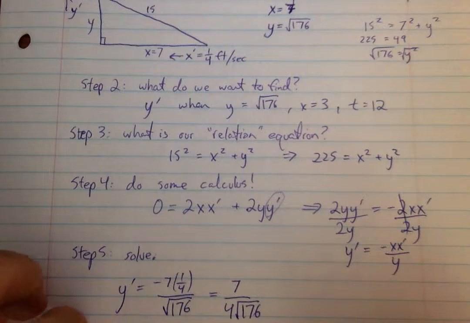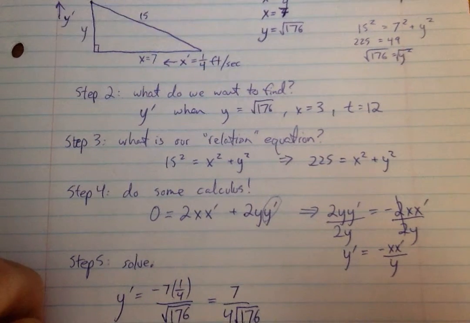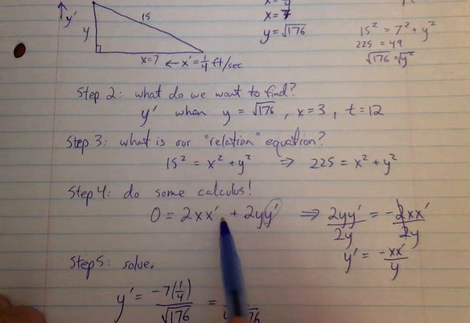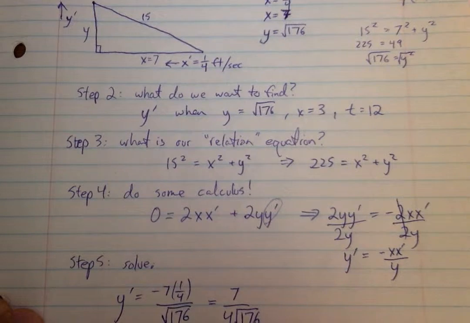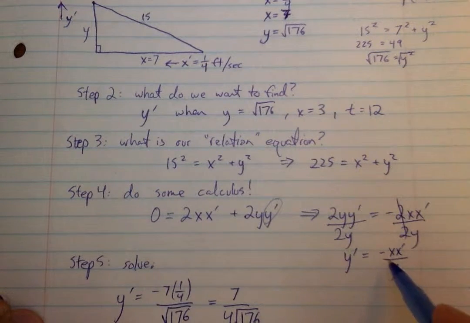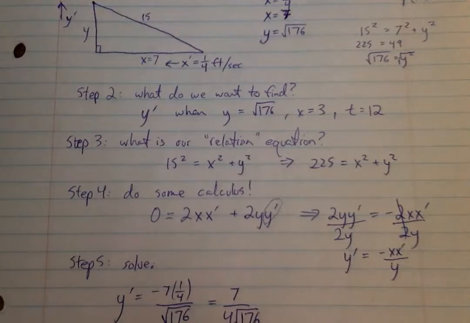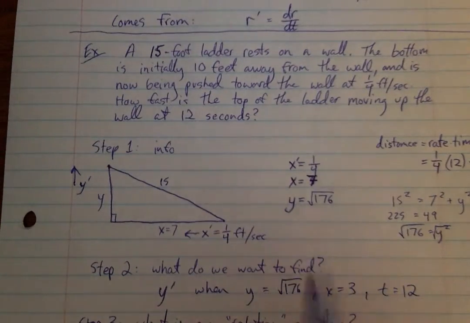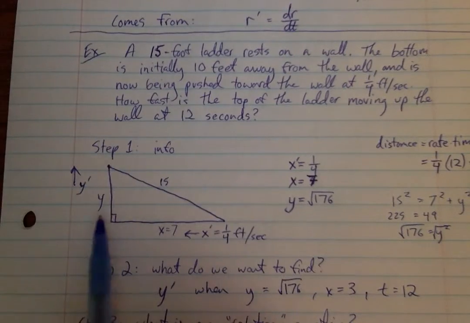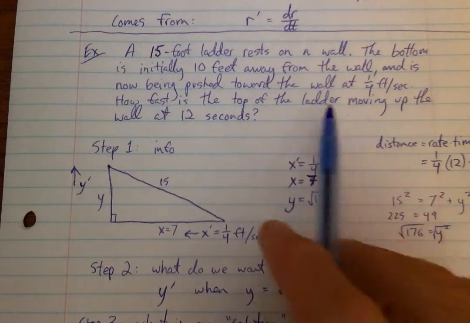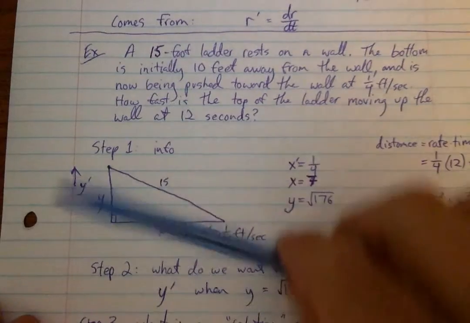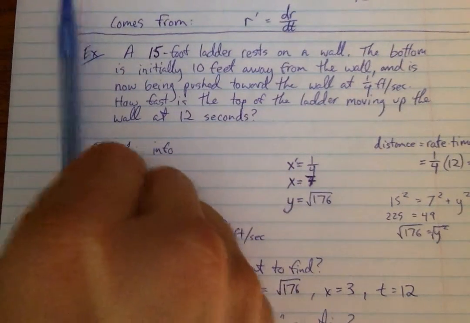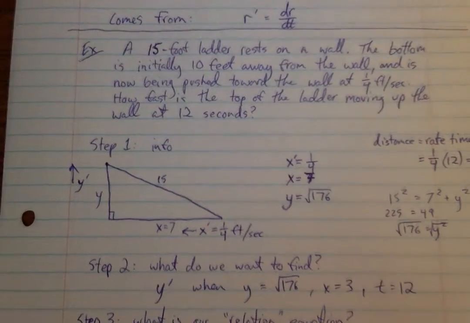And one thing I notice here is that I have a negative. Now where did my negative come from? I subtracted over here, but do I know? Okay, this is another good lesson. I've obviously done something that's given me a negative. But then I look and I say, how fast is the top of the ladder moving up the wall at 12 seconds? Well, if a ladder's moving up, is it ever going to be negative? No, it's going to be positive.